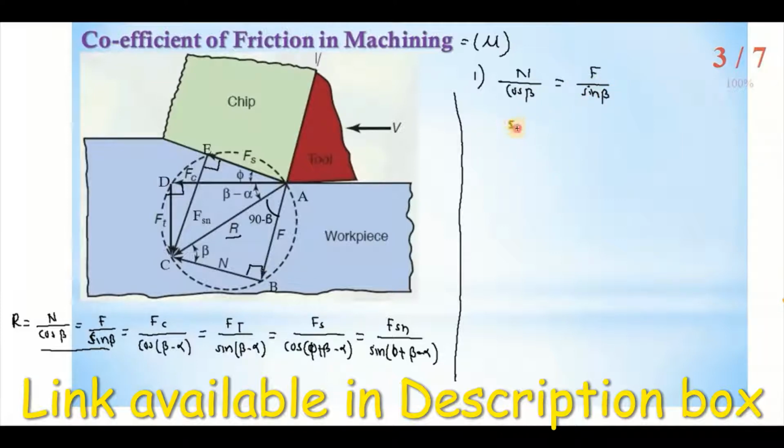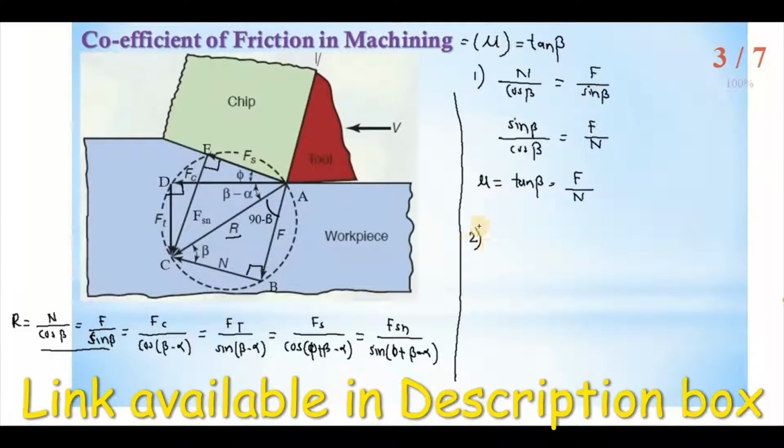So sin beta upon cos beta is given as F upon N. So mu is equal to tan of the friction angle. It is given as tan beta is equal to F upon N, that is the friction angle. Based on that, we find the coefficient of friction mu.